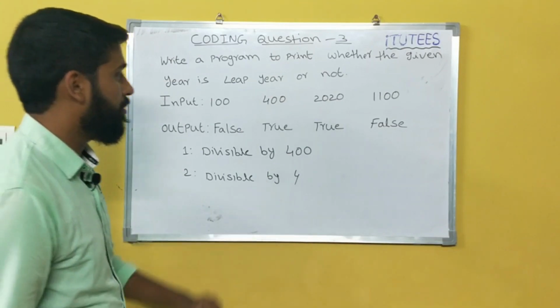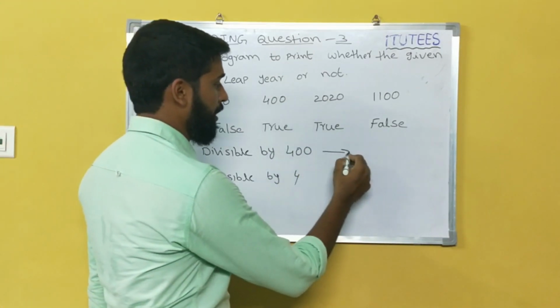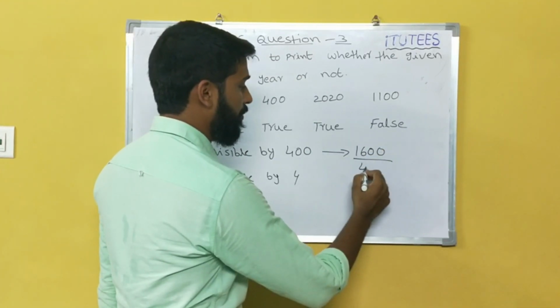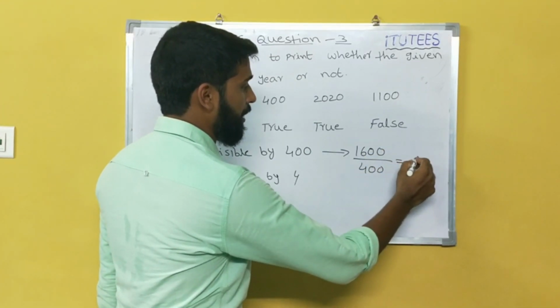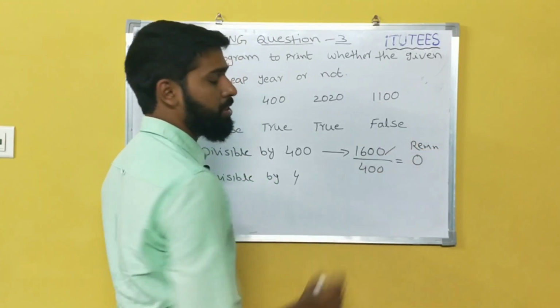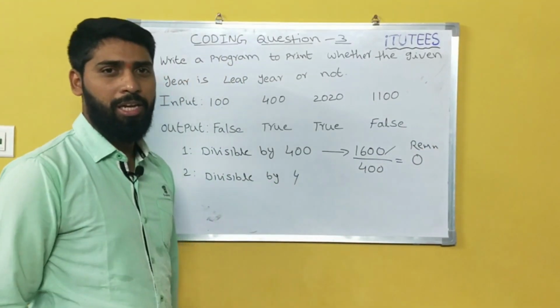Now we can take one example. Here I am taking 1600 as the given year, divided by 400, and I get the remainder 0. So 1600 is a leap year.